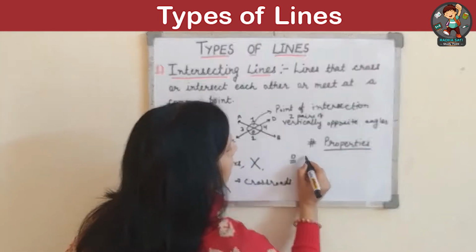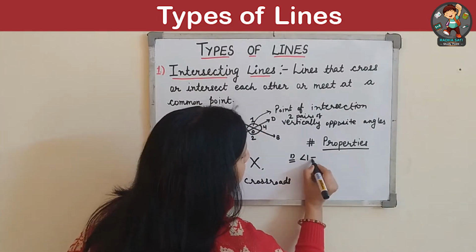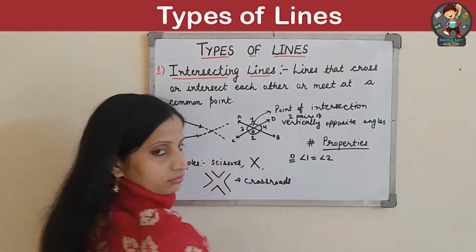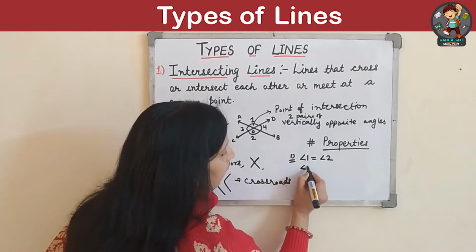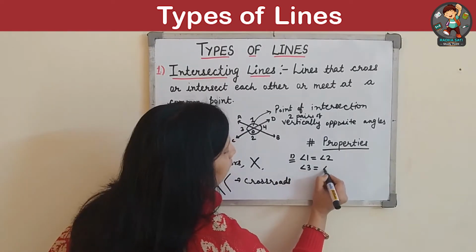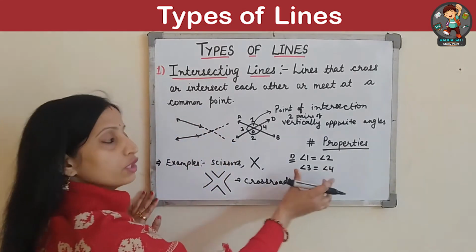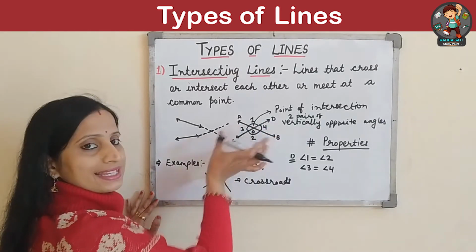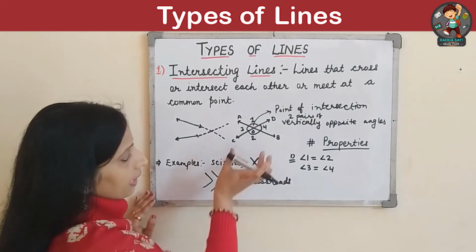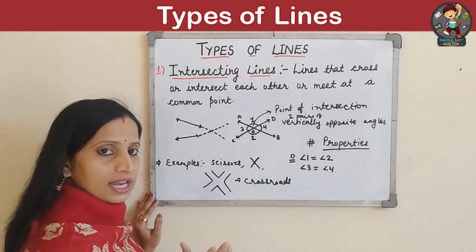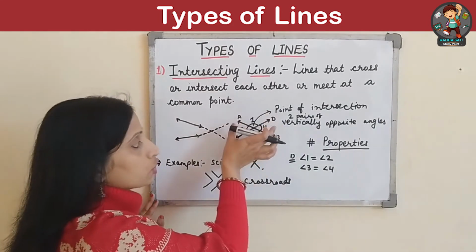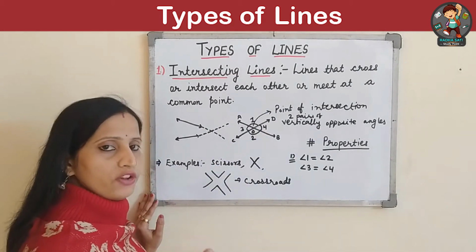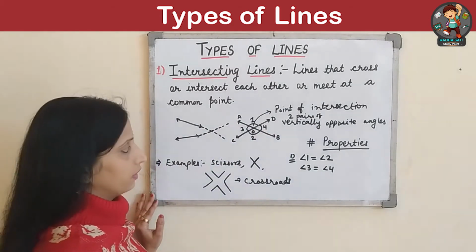So here angle 1 will be equal to angle 2 and the second pair will also be equal: angle 3 will be equal to angle 4. So whenever two lines intersect in a plane, two pairs of vertically opposite angles are formed and those opposite angles will always be equal to each other.